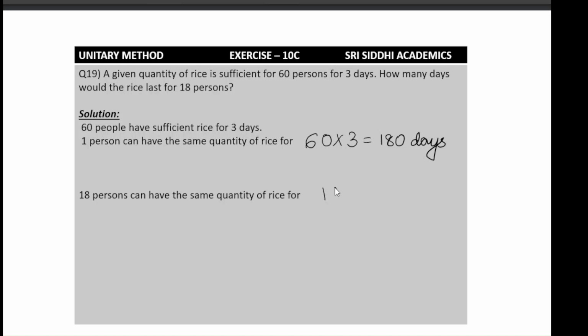So here we will divide 180, the number of days the rice lasts for one person, by 18, because 18 is the number of people we are trying to find for. So 18 ones are 18 and 18 tens are 180. So the answer is 10 days.